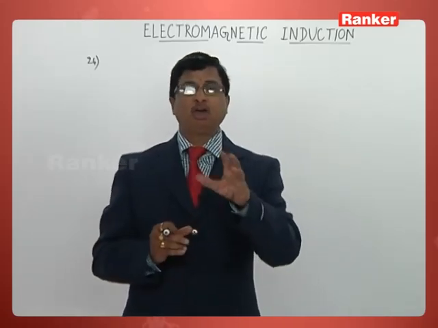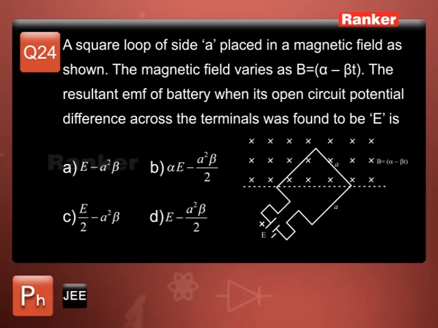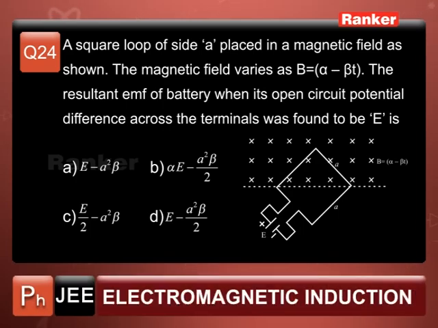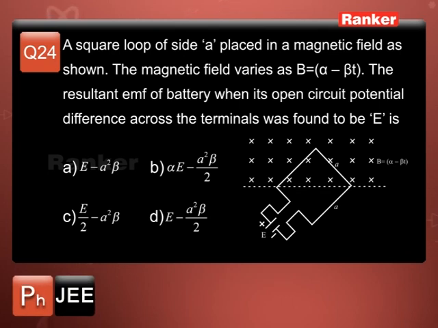And what are the 4 options given? First option is E minus alpha square beta. Second option is E minus A square beta by 2. It is in fact not alpha, it is A. Third option is E by 2 minus A square beta, and fourth option is E minus A square beta by 2.